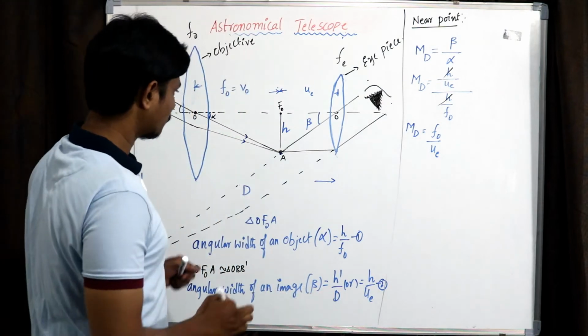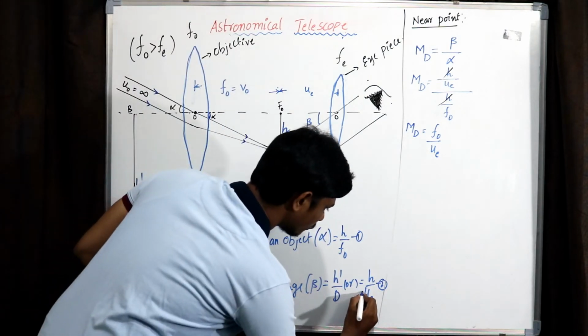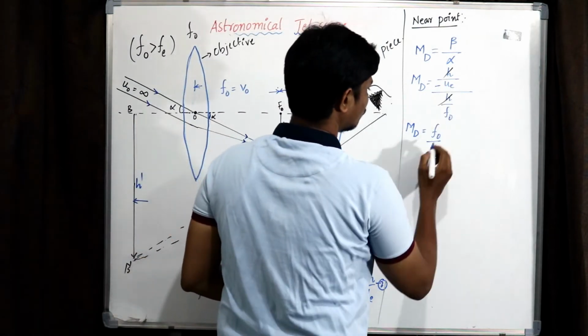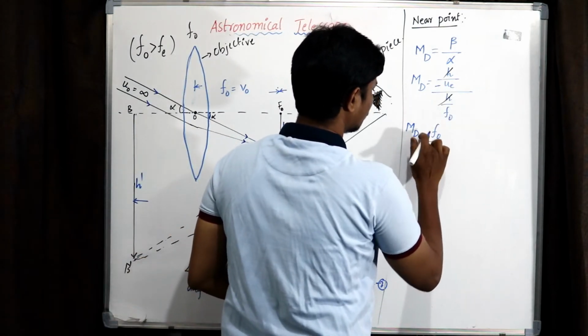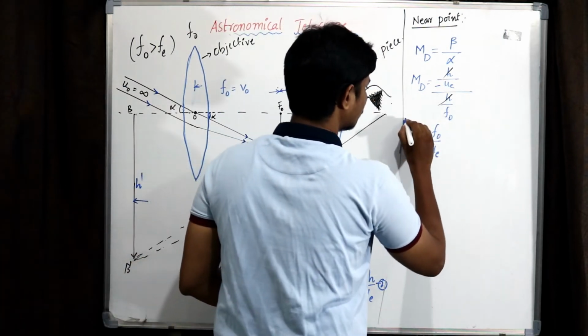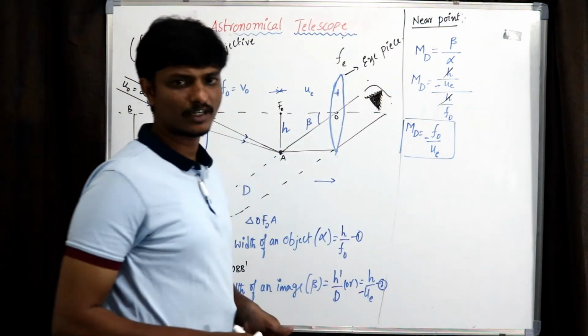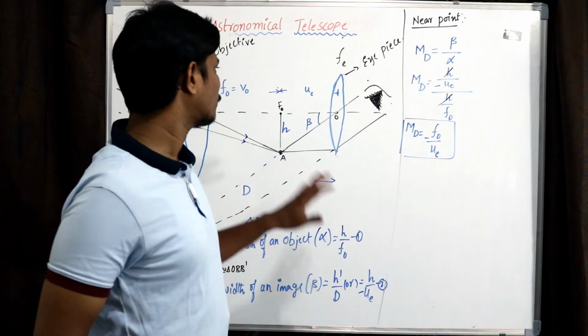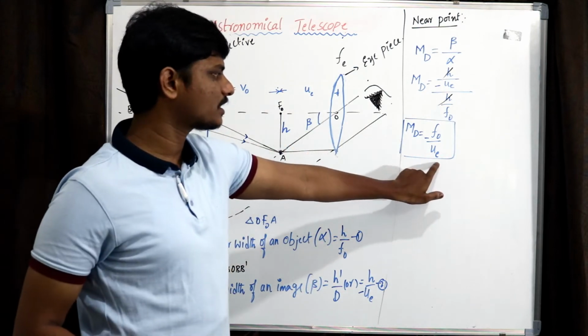Remember, here the object distance is negative. Sorry, I forgot to write it. The object distance is negative. So you will get this, which is the magnification produced by the astronomical telescope in terms of the focal length of the objective lens and the object distance from the eyepiece.